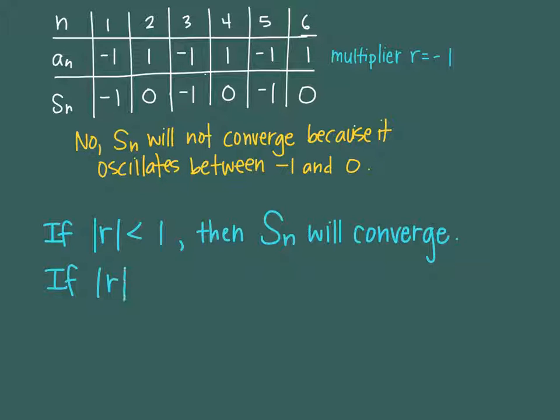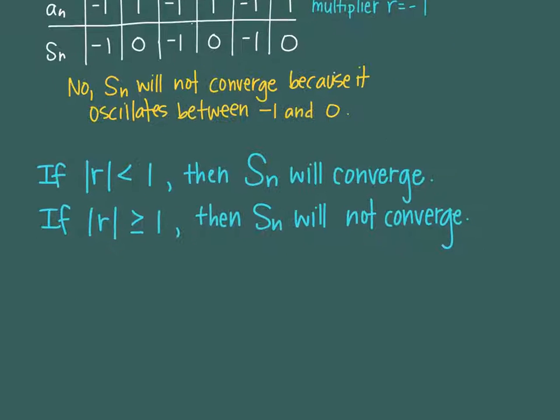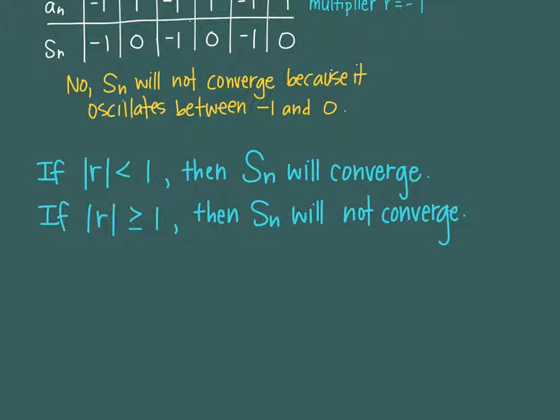If the absolute value of R is greater than or equal to 1, then S sub n will not converge. And we can get even more specific.